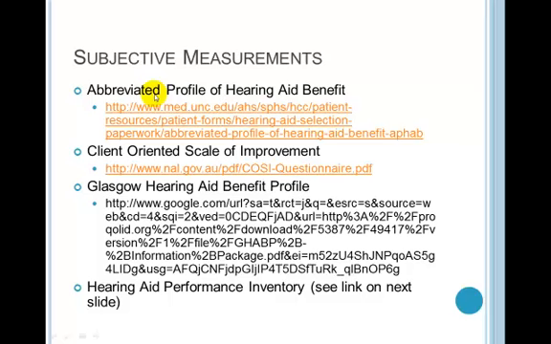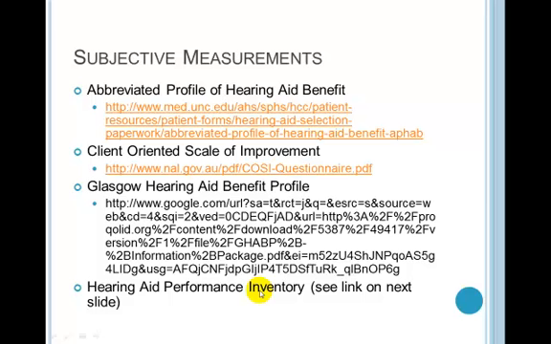One is the Abbreviated Profile of Hearing Aid Benefit, the APHAB. The next one is the Client-Oriented Scale of Improvement, also known as the COSI. Then the Glasgow Hearing Aid Benefit Profile, which I don't think has any acronym, and the Hearing Aid Performance Inventory, or the HAPI.